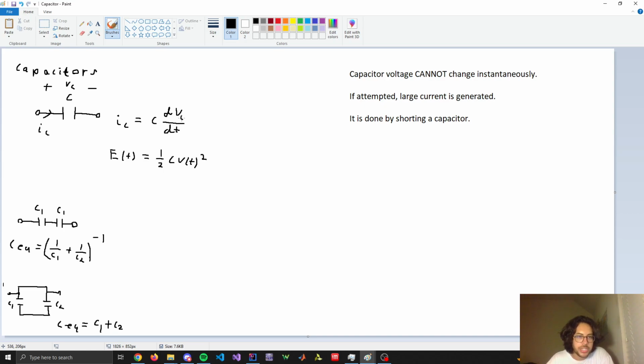So if you try to change VC really quickly, C dV over dt would be a large number. Therefore, the current would be large. You're going to generate a large current. And you can do that by just shorting a capacitor. That's like changing the voltage across it instantaneously. You're going to have a lot of current.